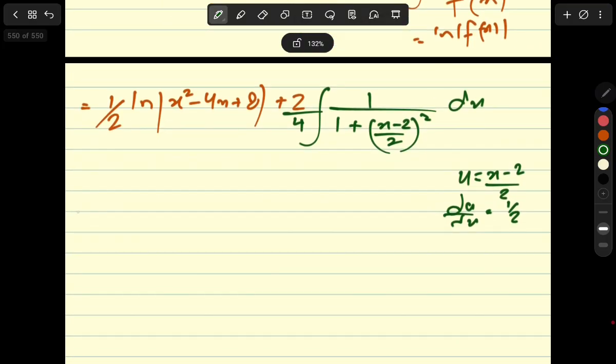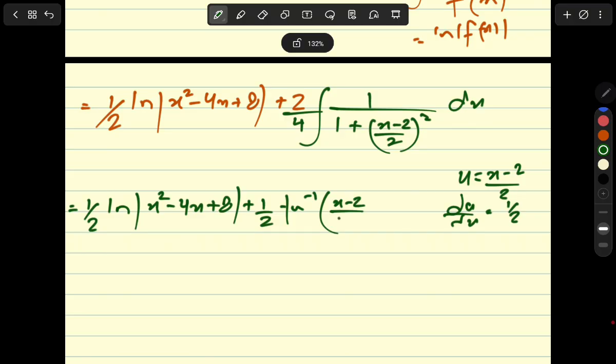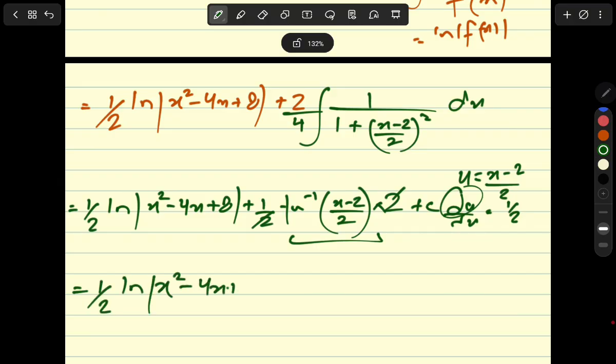So I can write it as half ln (x squared minus 4x plus 8), and then plus half, and this becomes tan inverse of (x minus 2) over 2, and dx was substituted by 2 du, so the 2 is going to cancel here. Then there's going to be a plus c. So this is going to be the answer, half ln (x squared minus 4x plus 8).